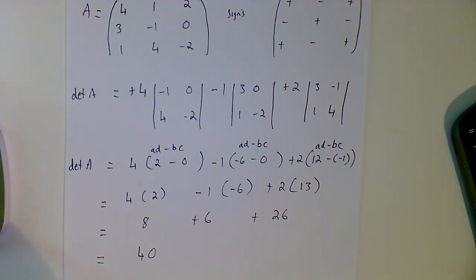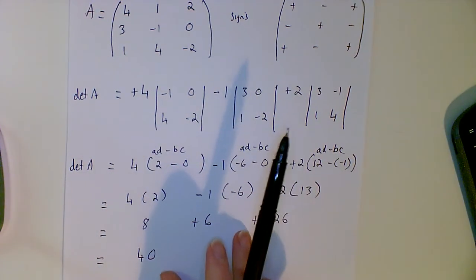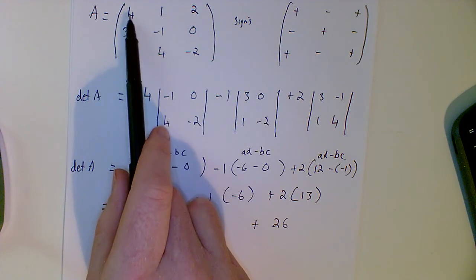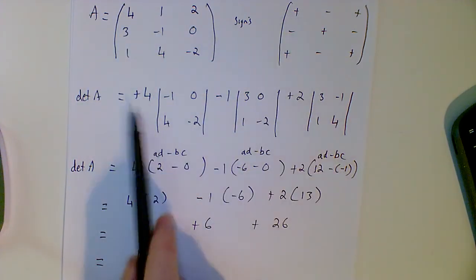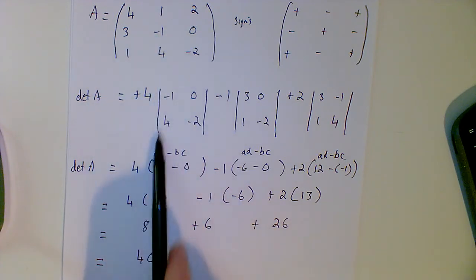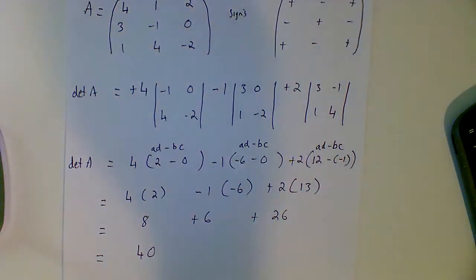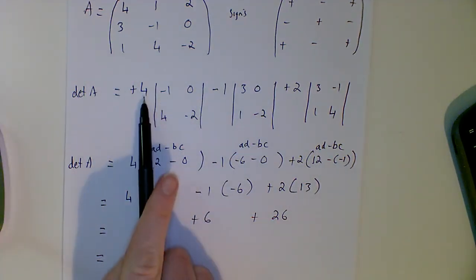Right, so we've expanded only across the top line. We had positive 4 to start off with, and this thing here is the minor matrix. The minor matrix is the matrix that is not on the row and not on the column of the element on the top line.